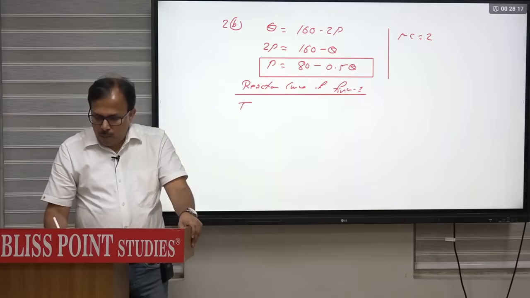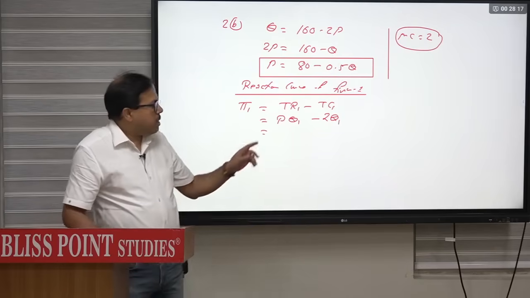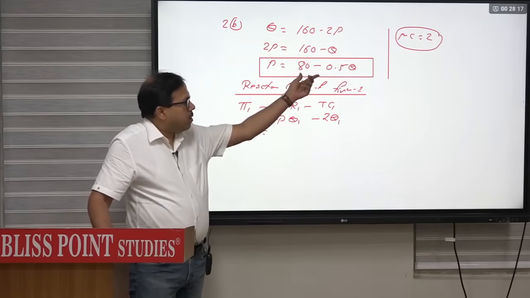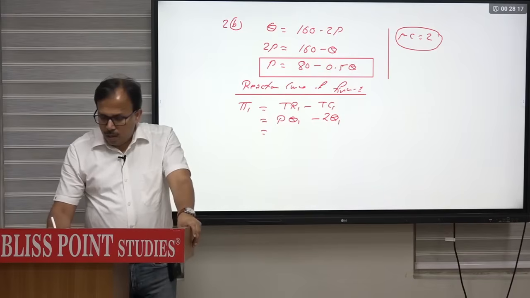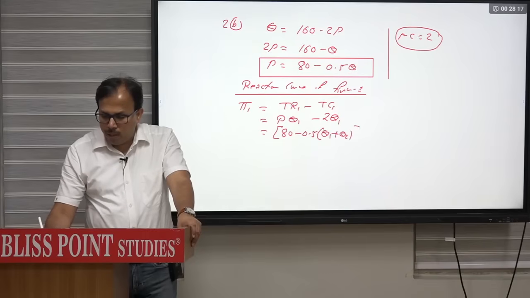So that means you have to write the profit equation. That will be TR1 minus TC1: P into Q1, marginal cost constant given at 2, so it will be 2 into Q1. In place of price, write down this function. In place of P you will write 80 minus 0.5 Q, and in place of Q you will write Q1 plus Q2 because that is the market quantity, into Q1 minus 2Q1.